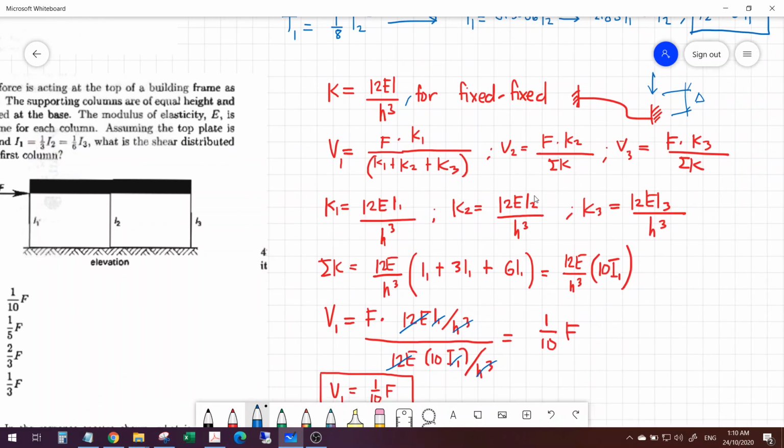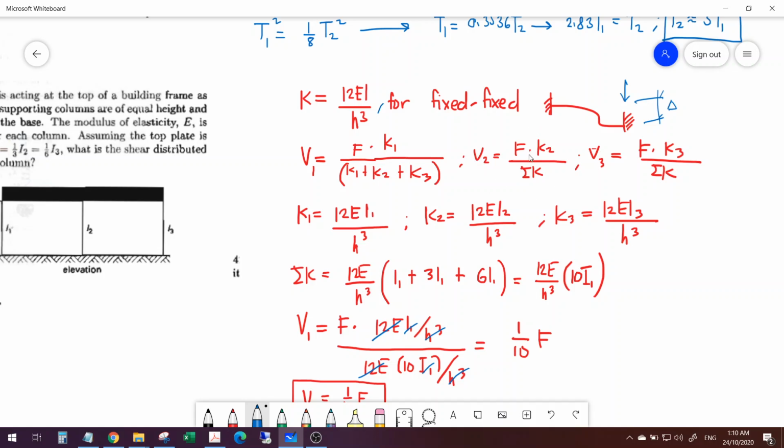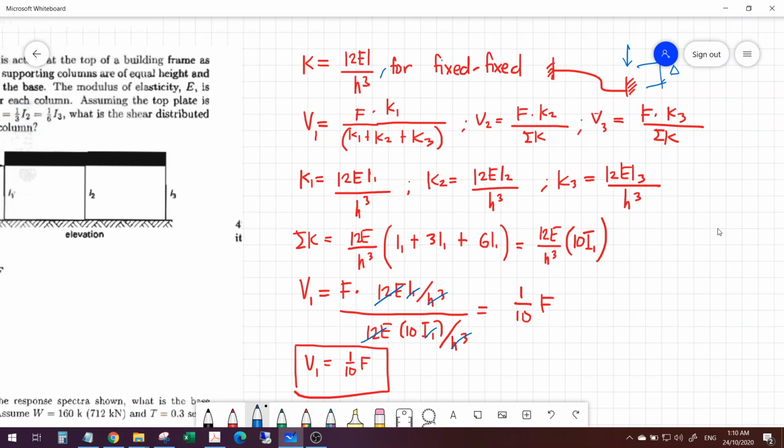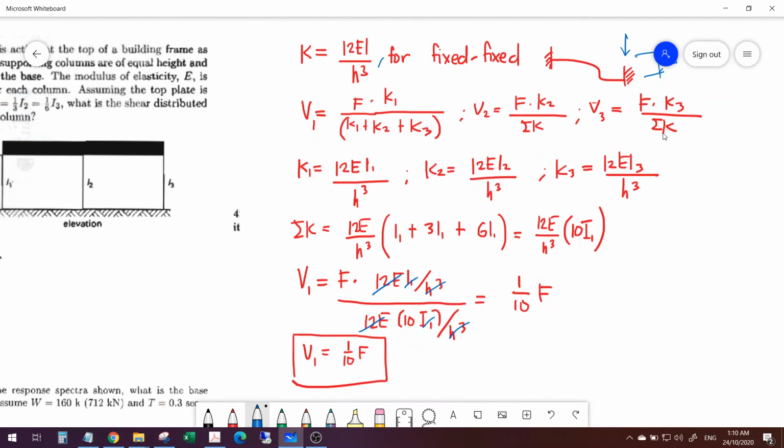So ganun din, no? So V2 is total base shear times stiffness ng second column all over summation of the stiffness. Then last, shear sa third column is equal to the total base shear times stiffness of the third column over summation of K. Okay, but first, let's find out the summation of stiffness.